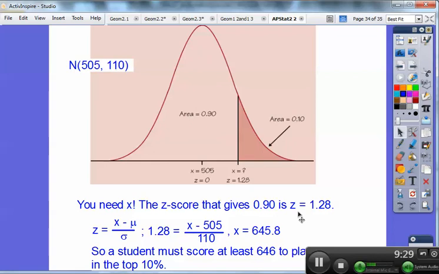So 1.28 goes in the z position, and we're looking for x. It's asking what x score will get me that. So I cross multiply and add 505 to both sides, and you get 645.8. So a student must score at least a 646 to place in the top 10%.